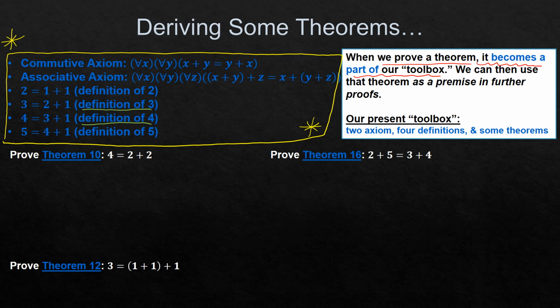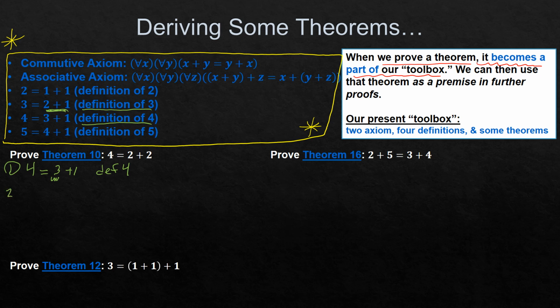So what I'm going to do for the first line to make things clear, I'm just going to state the definition of 4, that 4 is equal to 3 plus 1. And that's just a definition of 4. That comes directly from our toolbox. However, we know by the definition of 3 that 3 is equal to 2 plus 1. So essentially we could substitute that 2 plus 1 into that 3 by our identity rule.